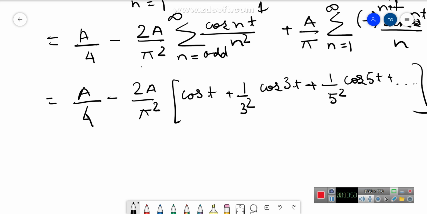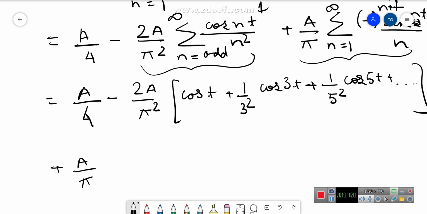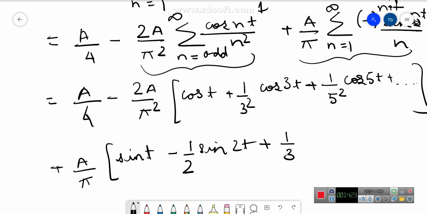So this term is sorted. Now the next term we will concentrate on this. It was nothing but A by pi into, when n equals 1, sine t, then 1 by 2 sine 2t plus 1 by 3 sine 3t minus 1 by 4 sine 4t plus and so on.